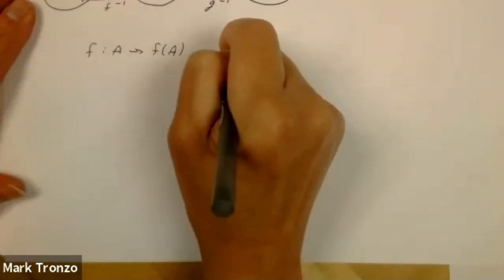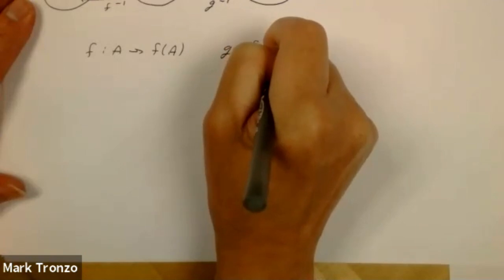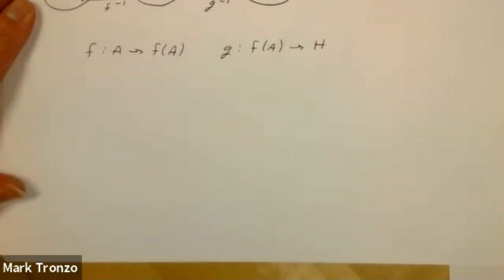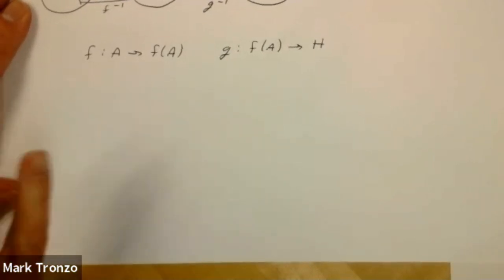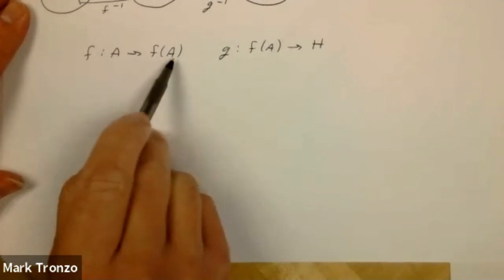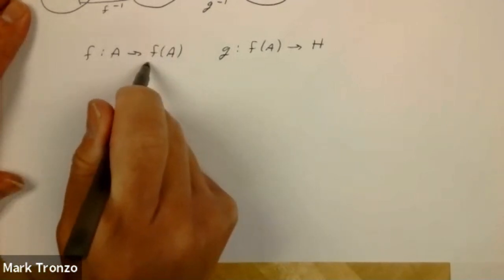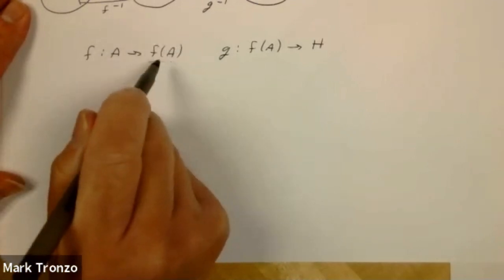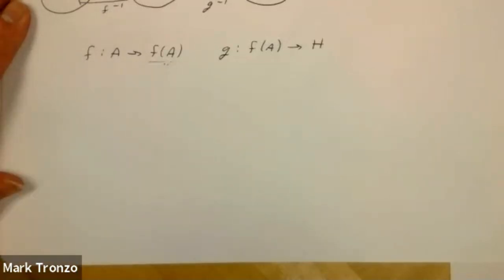And then g goes from that image of A to H like that, then we call that a bijection. We're sort of forcing it to be a bijection because we're restricting this set here to be the image of f, which is going to make it onto automatically.